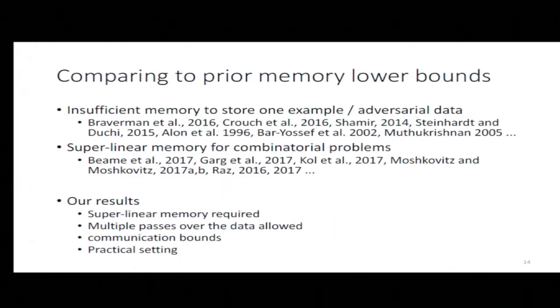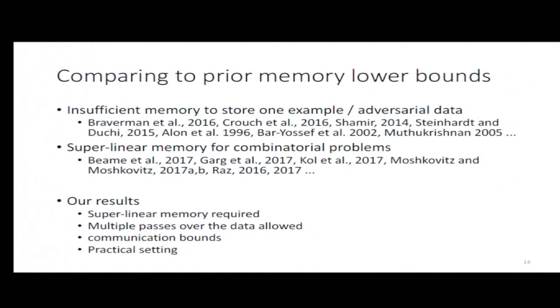Okay, so we'll discuss a little bit prior works. There's a lot of very interesting prior work on memory lower bounds for machine learning problems. And that's where we contribute.